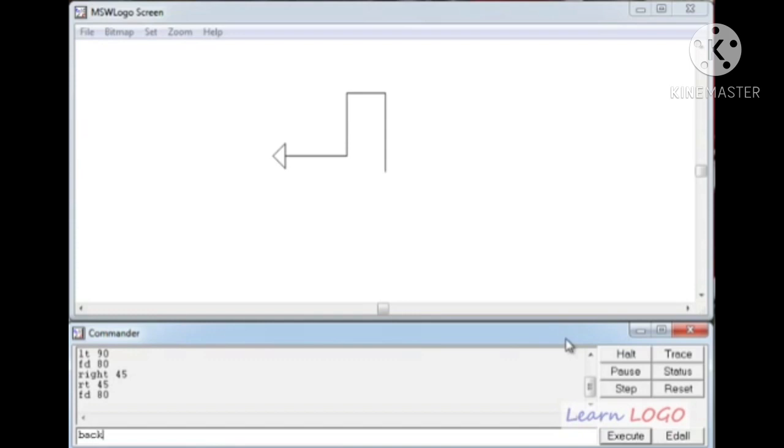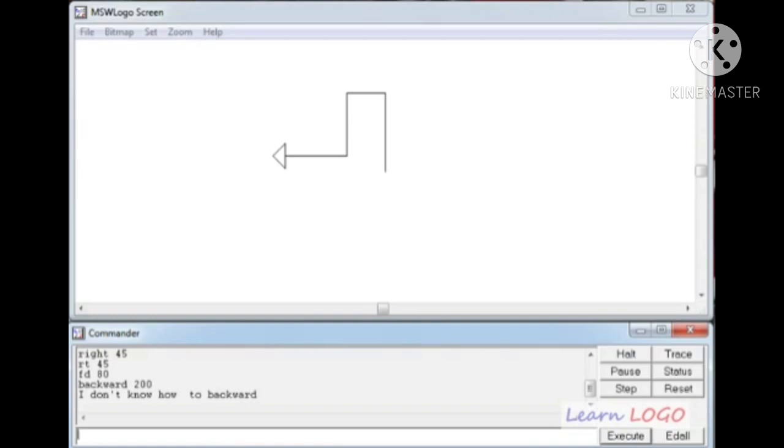Next command is backward. This command makes the turtle move backward. Type backward, then leave space, type the steps. Here I type backward 200. The message shows I don't know how to backward.